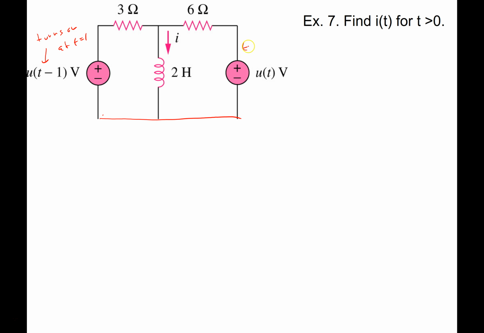And this one turns on at t equals 0. So that second source, or the source on the left there, is going to be off at the beginning at t equals 0. And so with the first circuit that we solve, we have that thing turned off. And so for 0 to 1, the circuit is going to be like this.